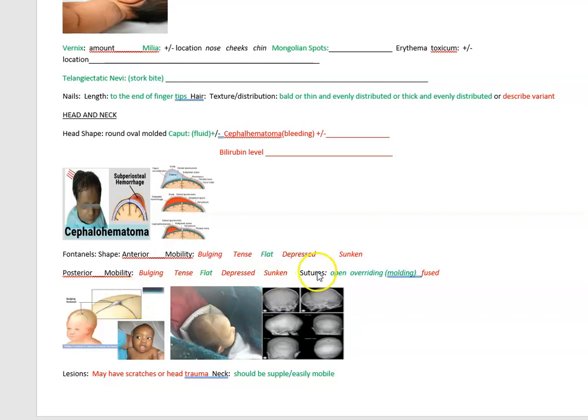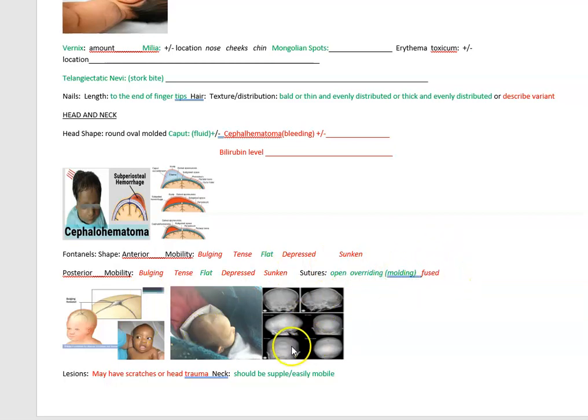If we find that the sutures are either open like this one or overriding, where one plate is on top of the other due to positioning of the head and compression of the head in the pelvis, that would mean it was overriding or molding, that's totally normal.